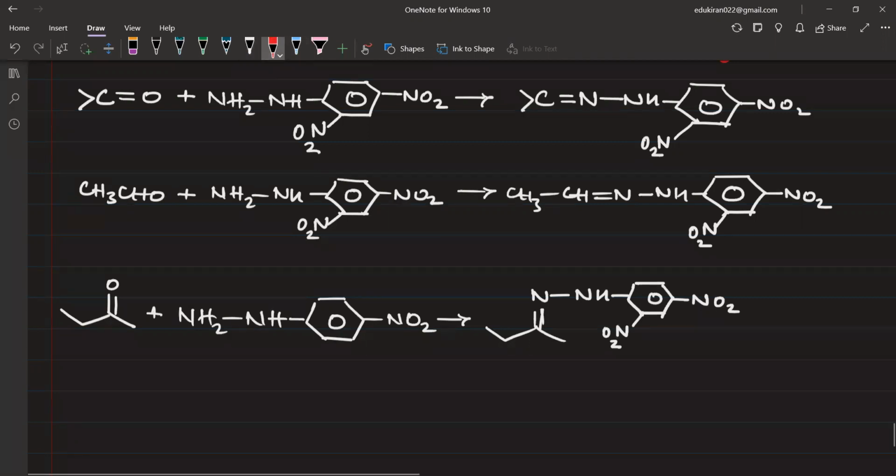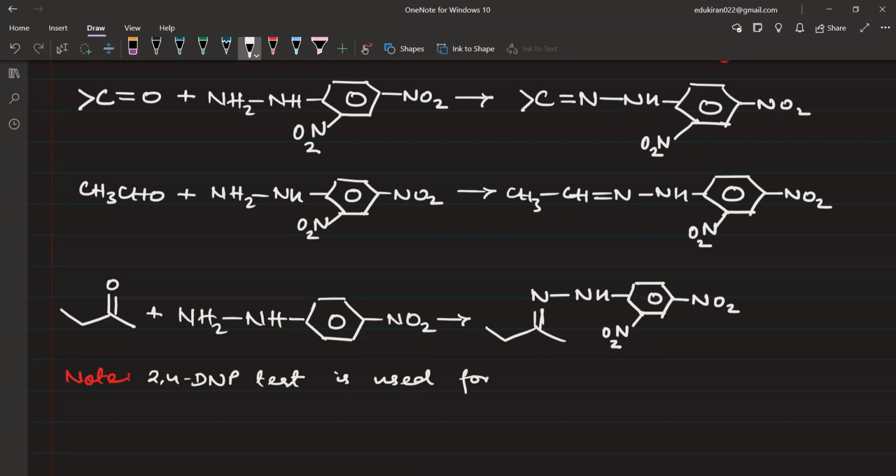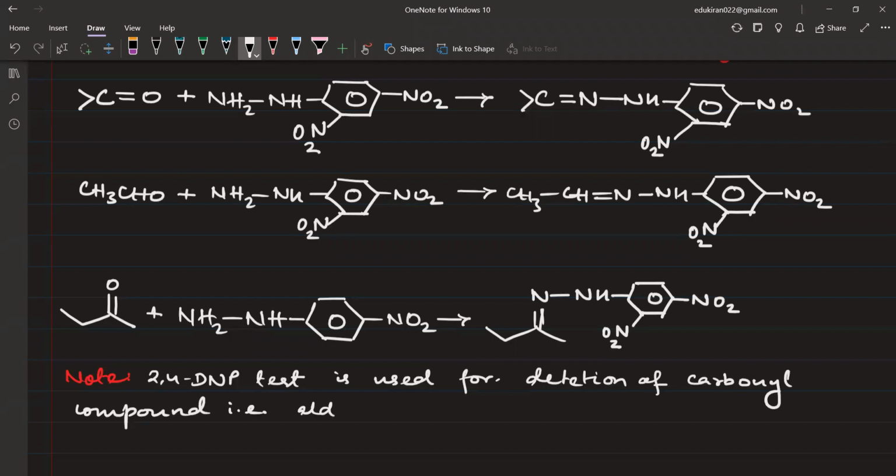Write a note here: 2,4-DNP test is used for detection of carbonyl compounds, that is aldehydes and ketones.